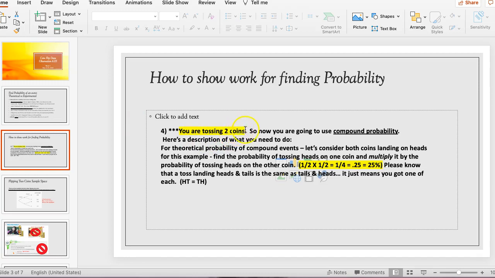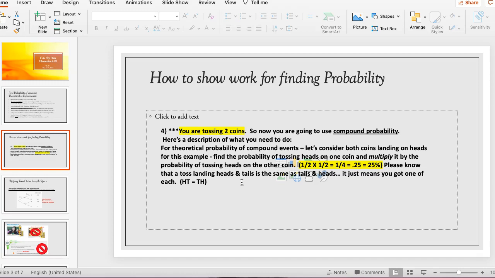If you are tossing 2 coins, which is your assignment, you are now going to use what's called compound probability. More than one thing is happening. You are not flipping 1 coin, you're flipping 2 coins. 2 coins makes it compound probability. However, the effect of flipping the first coin does not affect how the second coin lands. So it is independent compound probability.